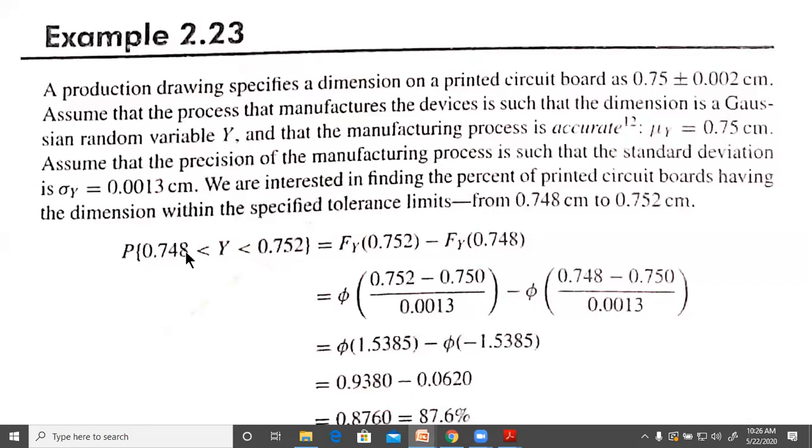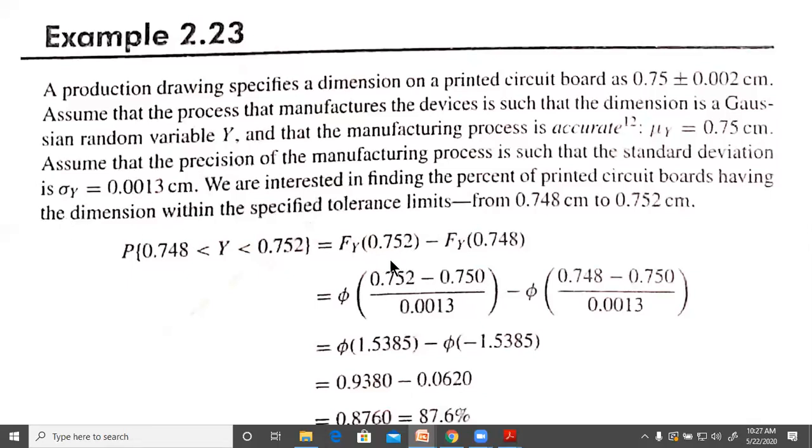Probability of 0.748 less than y less than 0.752 is equal to F_Y of 0.752 minus F_Y of 0.748. And this is nothing but phi of, you should take this with respect to the mean. The mean is 0.75. So 0.752 minus 0.75 divided by the value of sigma.